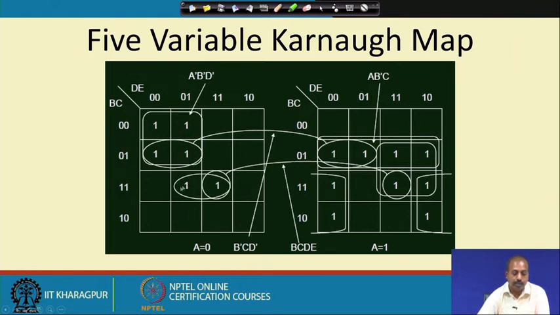So if you consider only this map, this pair leads to the term A bar.